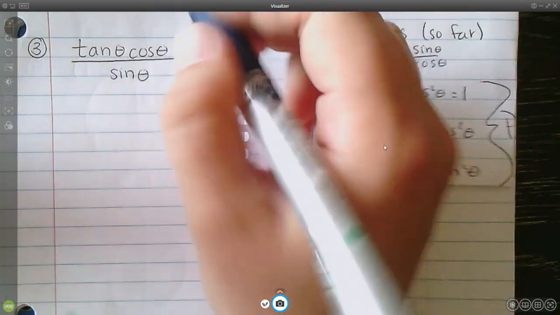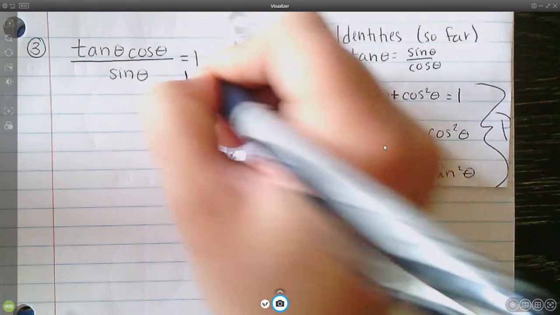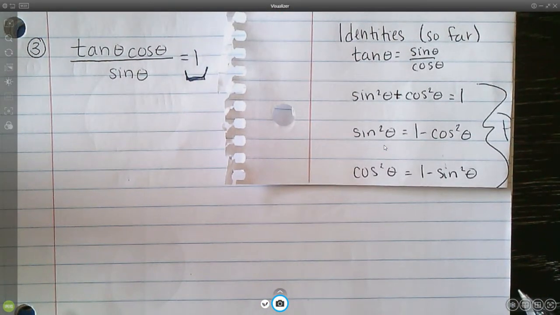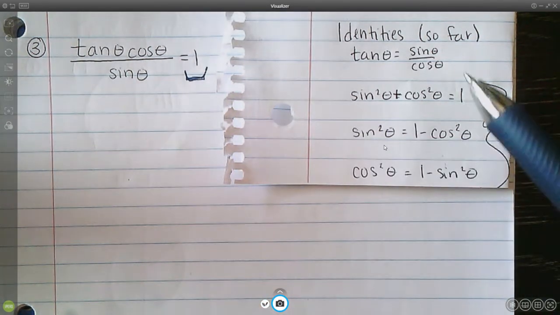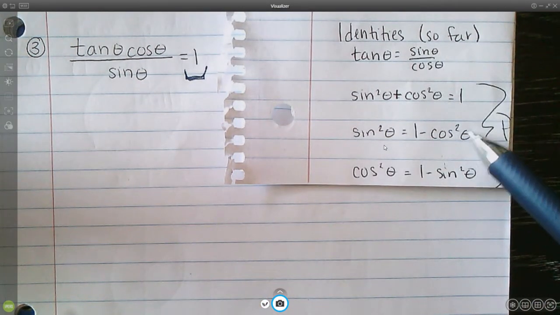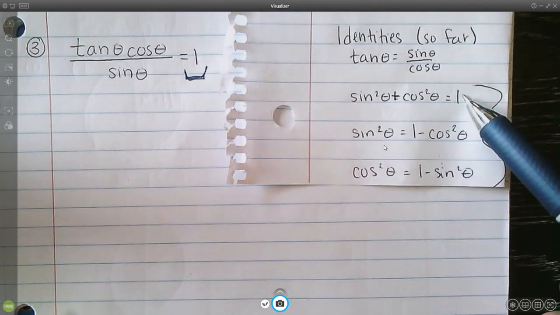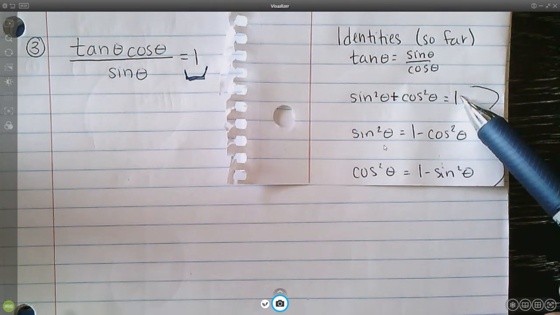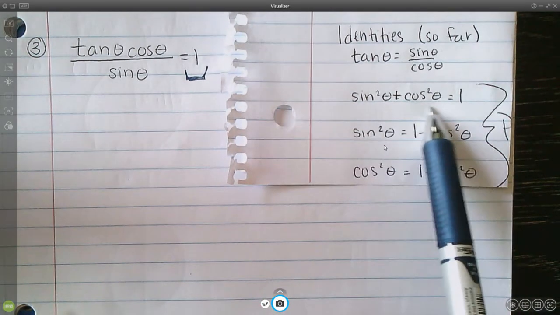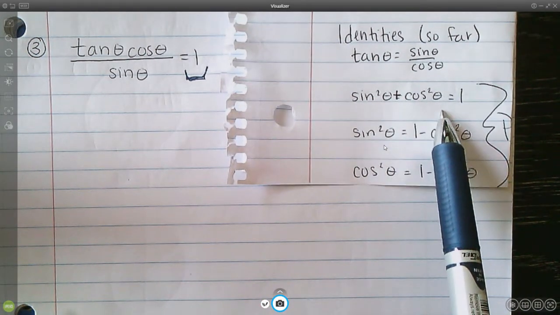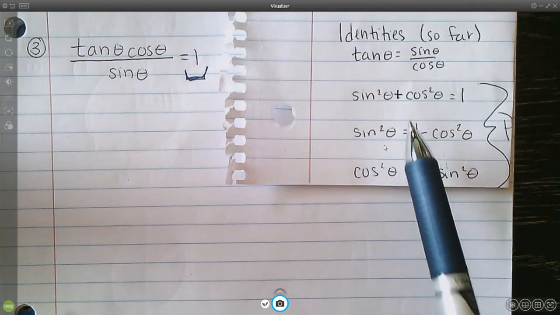So I think we can all agree that this is the simplest thing that we've got. So we want to turn this into 1. And if you look over here, the only thing that has a 1 in it is this guy right here. So we are probably going to make this side look like this. So let's try whatever we got.